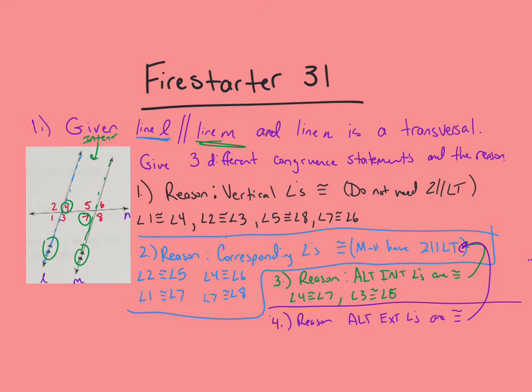You see the purple shaded region? Those are exterior, right? 2 is on the exterior, alternately, so on the opposite side of the transversal is 8. So I could say angle 2 is congruent to angle 8. And then 1, it would be congruent to angle 6.